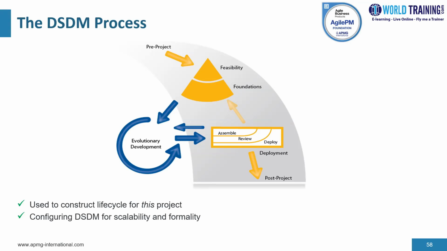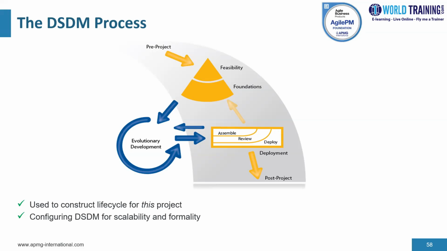Now, a few words about configuring DSDM for scalability and formality. DSDM recognizes the real value of agility in terms of project productivity and solution quality while acknowledging and accepting the necessary constraints that often exist when working in a corporate environment.